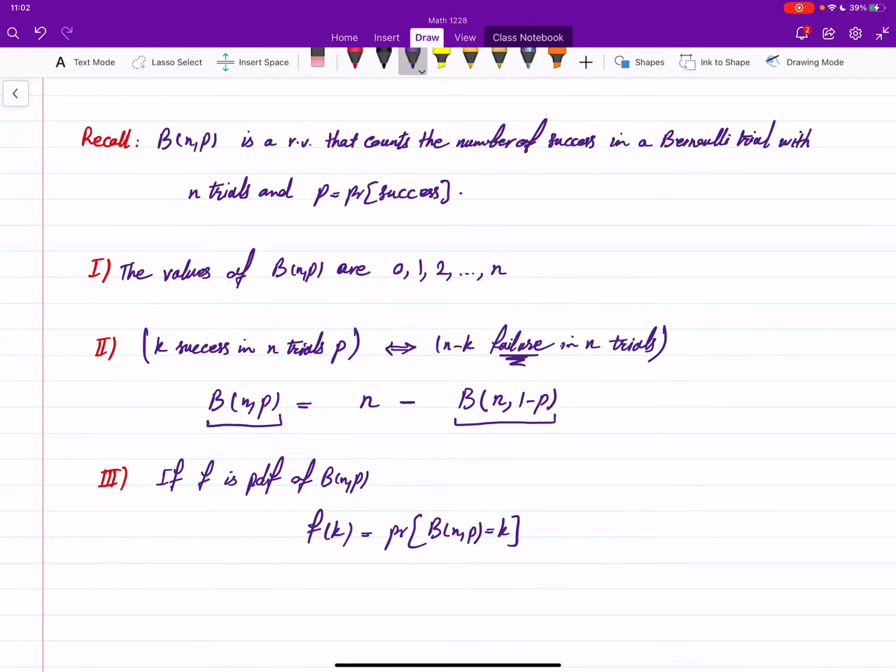Means that we are looking for the probability of getting exactly k successes in Bernoulli trials with n trials. We have a formula from the last chapter. This is n choose k, p to the power k, 1 minus p to the power the rest, the failures, yes? And well, just by knowing this, all the events that can be defined in terms of B(n,p), we can evaluate them using this formula.